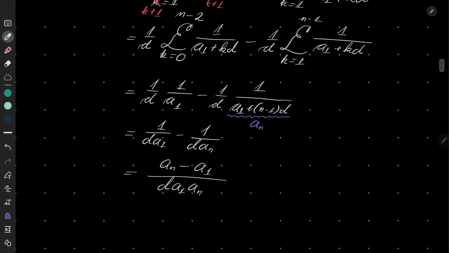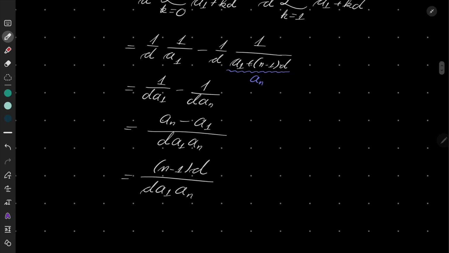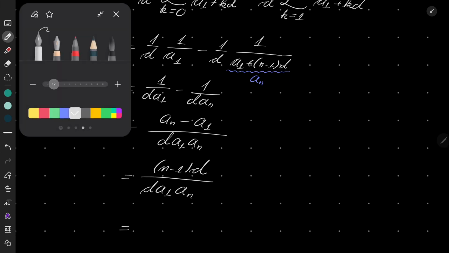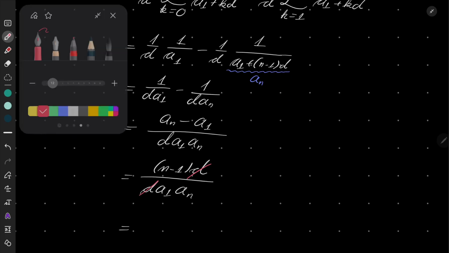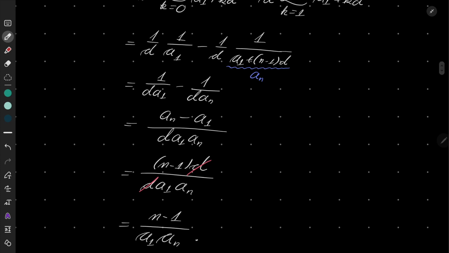Now if you think about it, our progression is arithmetic, so the difference between the nth and first term is n minus 1 times the difference d. And finally, d vanishes, and now we have just n minus 1 over a1an, which was desired.